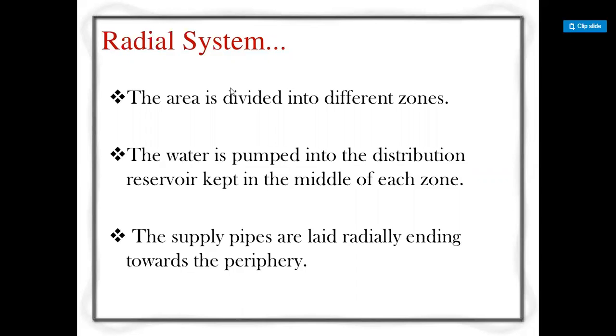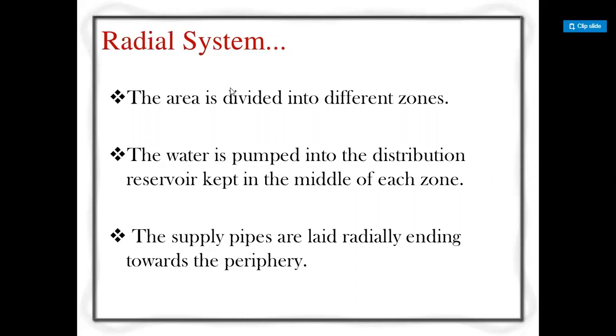Then from that middle, pipes are laid radially from the reservoir towards the periphery, or the border of the circles, which means the radial system. That is like the radius of a circle, the same concept is the radial system: the reservoir is kept at the middle of the circle, then the water pipes are provided from that middle.